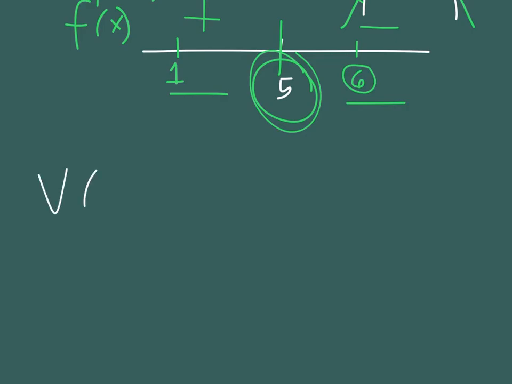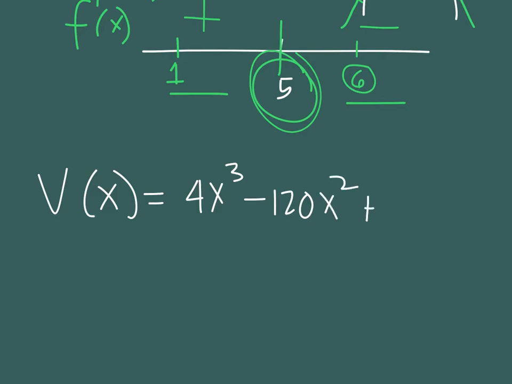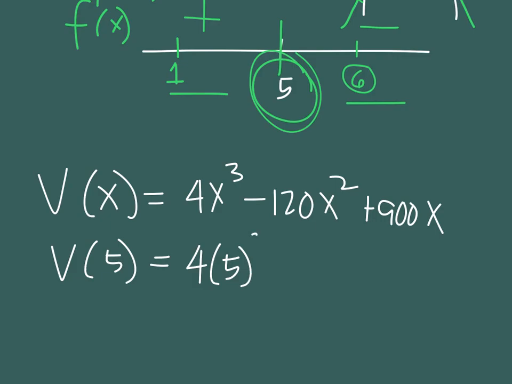So we have to go back to the volume function. Okay, so the volume function, please dictate. Go back to your notes. The volume function is the expanded form: 4x cubed minus 120x squared plus 900x. And then just find the volume at x equals 5. So that means 4 times 5 cubed minus 120 times 5 squared plus 900 times 5.